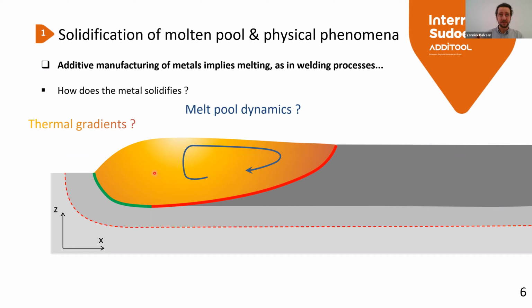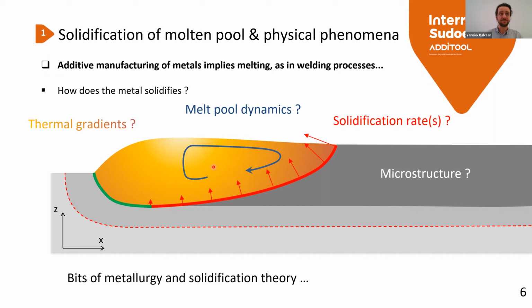So we have a melt pool in which metal is moving with thermal gradients, and also we have different solidification rates considering this bulbous melt pool and the trailing edge of the melt pool. So it all governs the microstructure of the produced part.